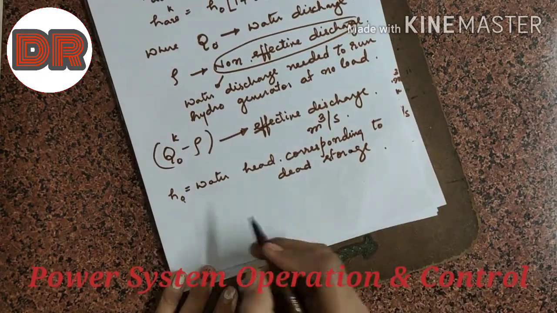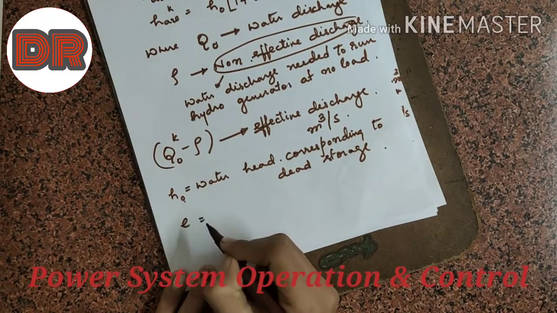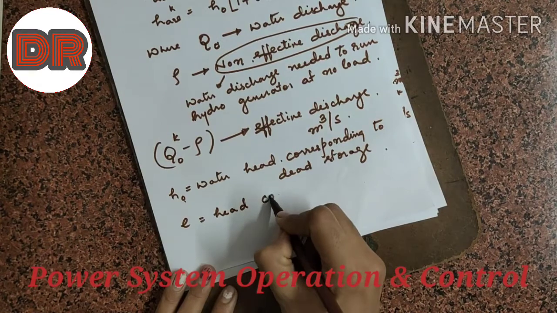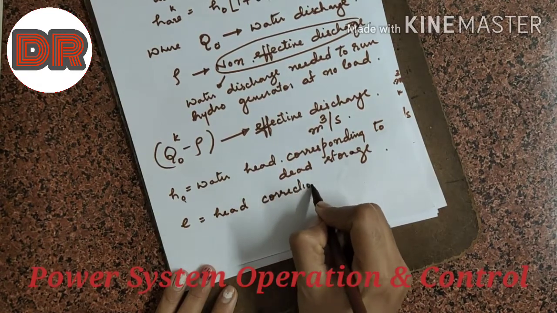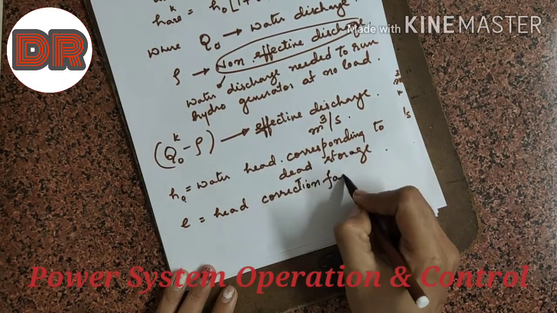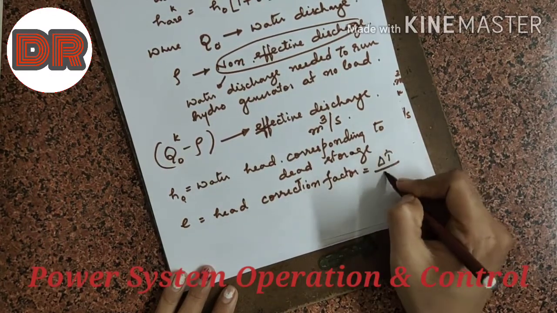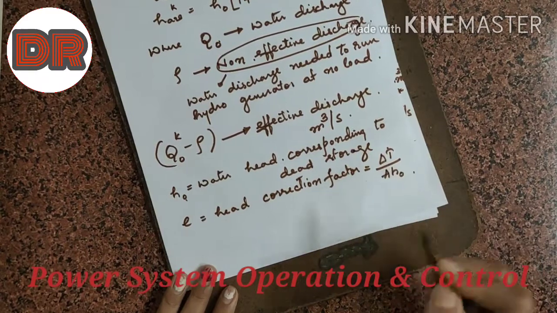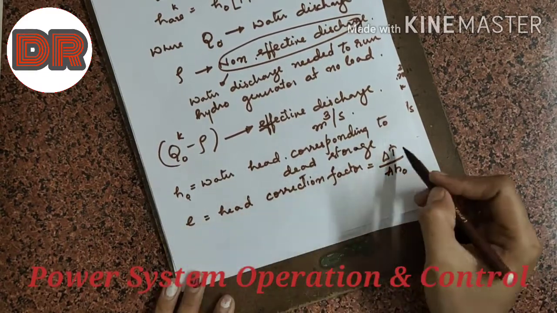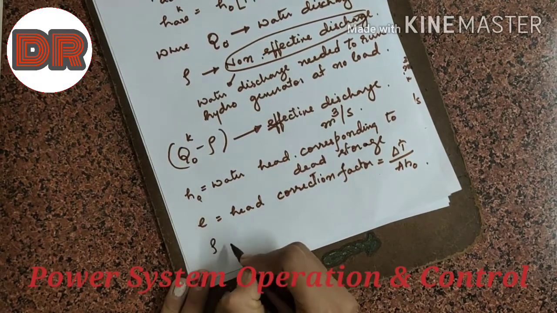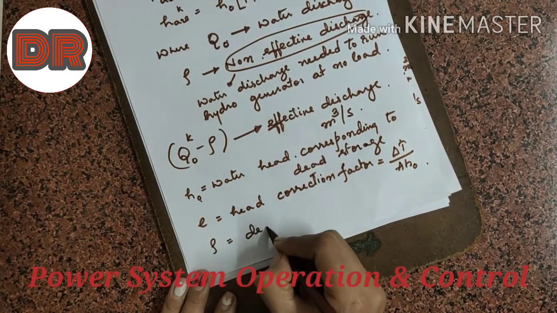Okay. So we'll take one more term, which is E, the head correction factor, which can be given by delta T and A H0. Okay, and H0 is known, delta T is the time interval length. And what is rho? Rho is dead storage.